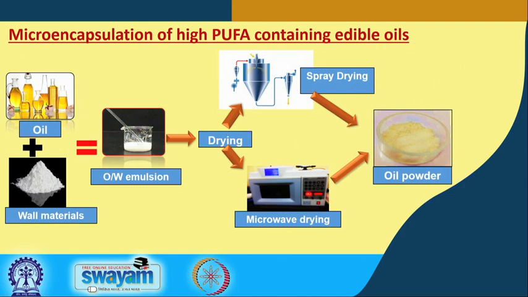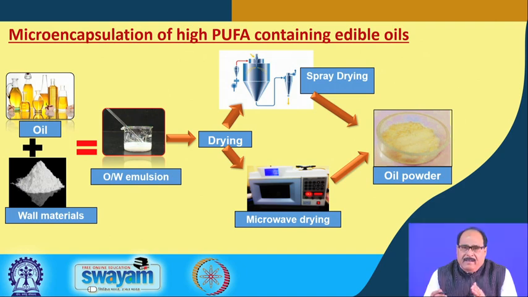These oil powders were characterized, studied by various means, even what is the microencapsulation efficiency, the amount of oil present in the powder, all those things. We found of course spray drying yielded a good free flowing powder, and the microwave drying also was found to be an equally good process.